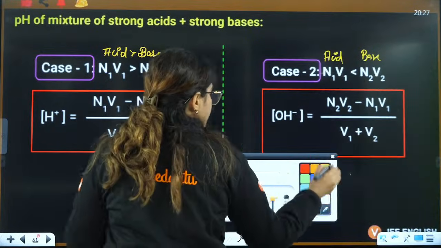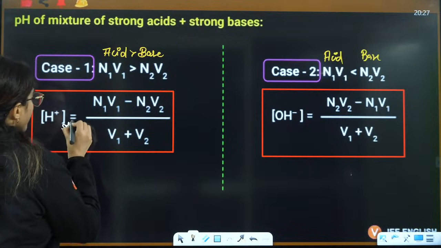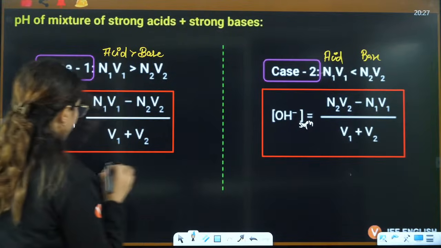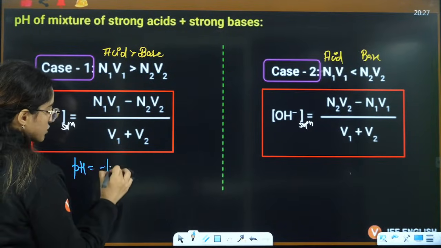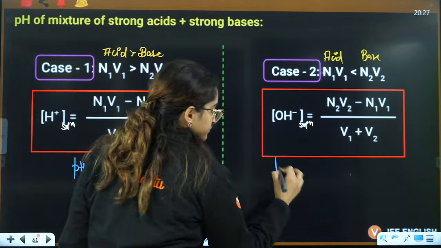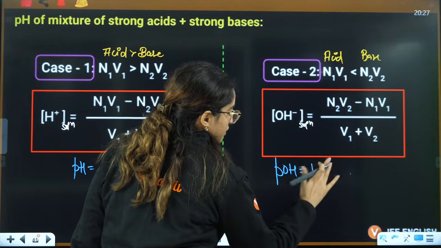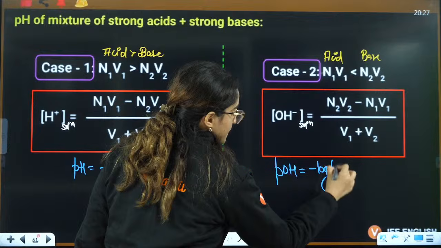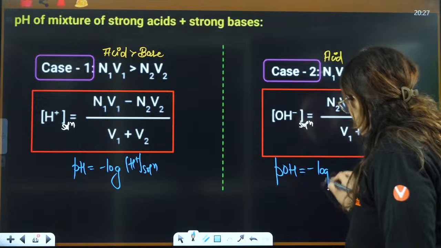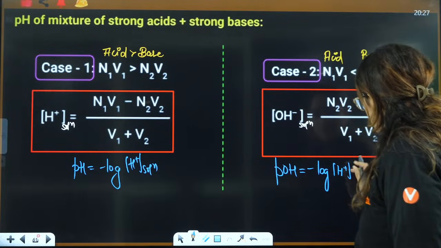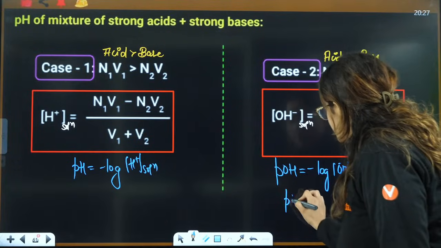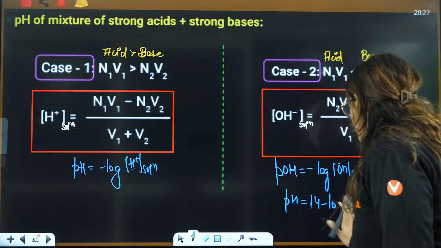And this is the value of solution OH negative. Here what you will do, you will directly calculate pH is equal to minus log of H positive of solution, or pOH is equal to minus log of OH negative of solution, or pH is equal to 14 minus pOH.